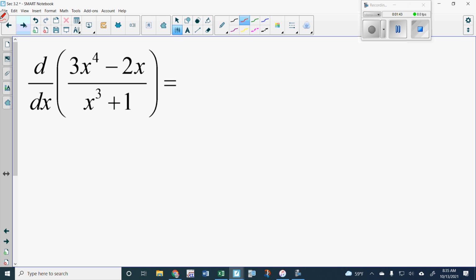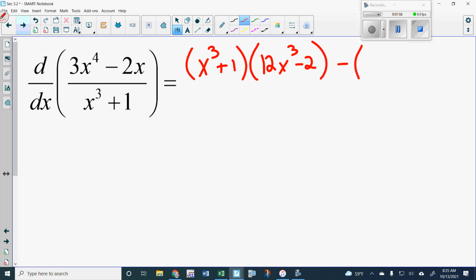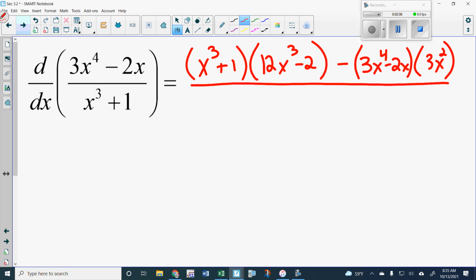So, quotient rule is down, D up, minus up, D down, all over down down, which is the bottom squared.